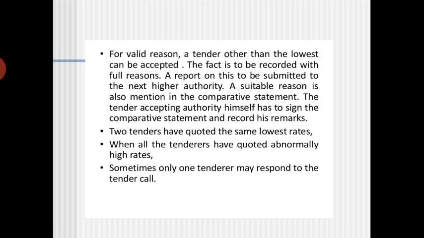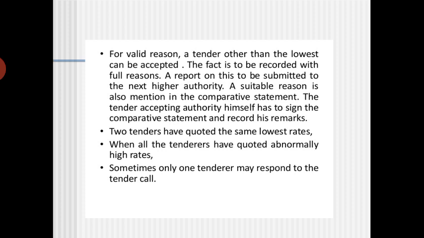So a valid reason: if a tender other than the lowest quotation is accepted, the fact is to be recorded with the full reasons. A report on this is to be submitted to the next higher authority. A suitable reason is also mentioned in the comparative statement. The tender accepting authority himself has to sign the comparative statement and record his remarks.